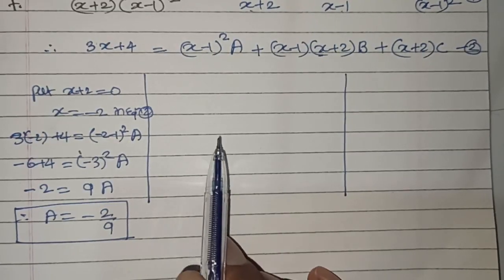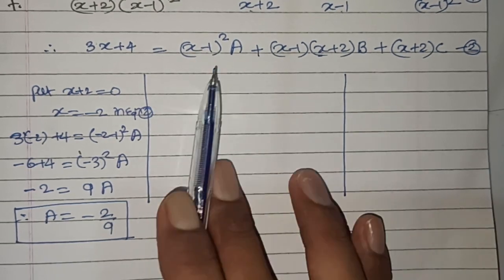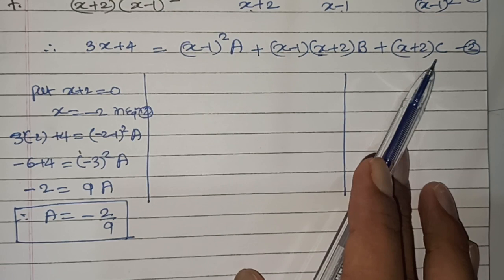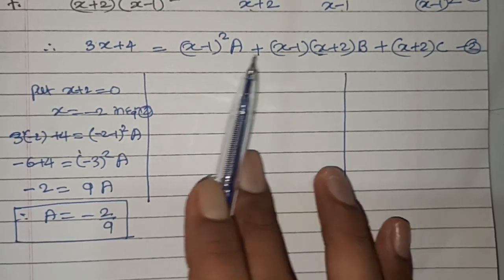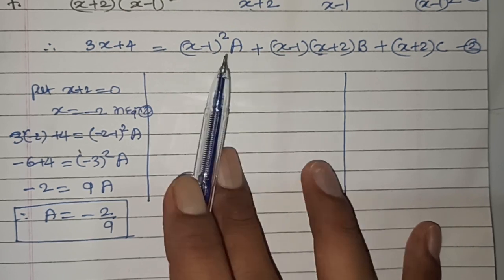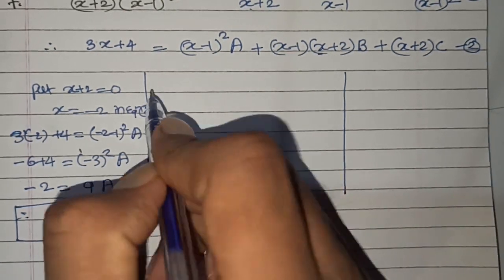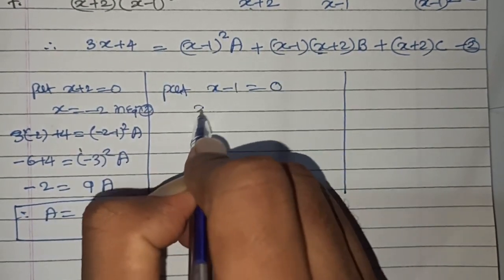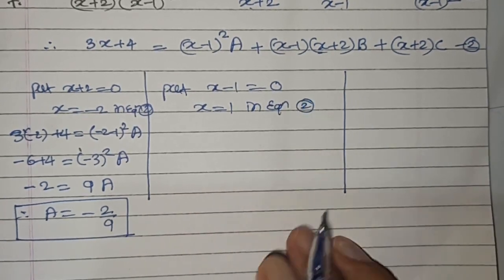Okay, now next to find b, there is no common bracket in a and c, so let's find c first. To find c, choose a common bracket from a and b. So the common factor is x minus 1, so put x minus 1 equal to 0, that is x equal to 1 in equation number 2.